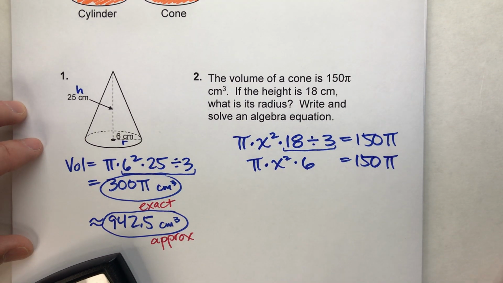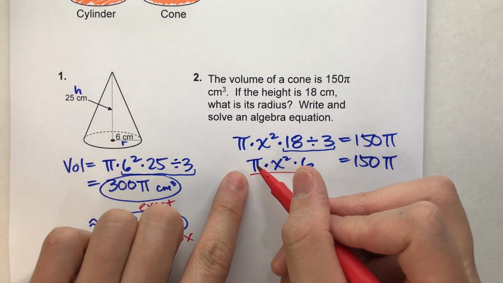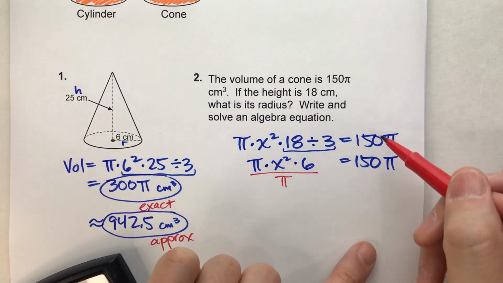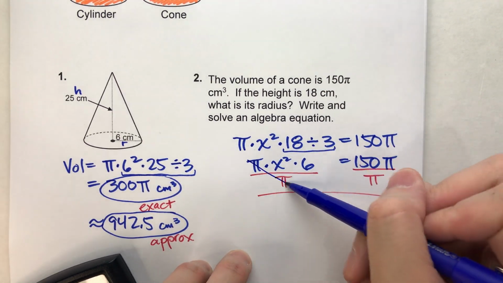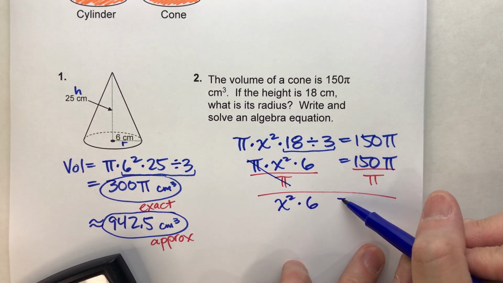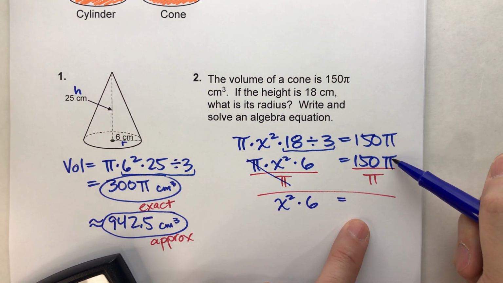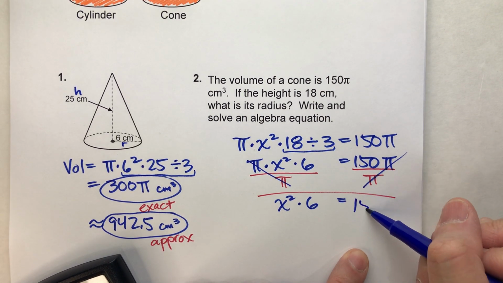Now, let's start undoing things. I'm going to divide both sides by pi. And when I do that, the pi's undo each other over here. I get x squared times 6 equals. Now on the other side, because there's a pi there, that also undoes it. And I'm left with 150.